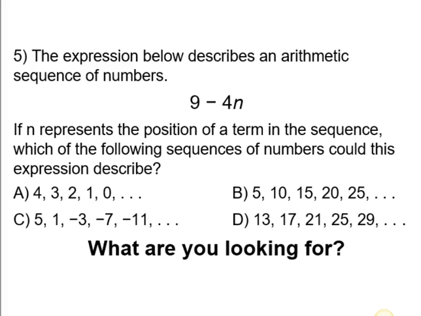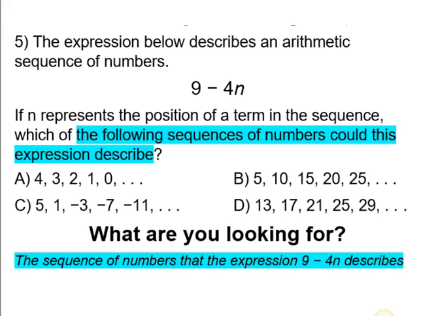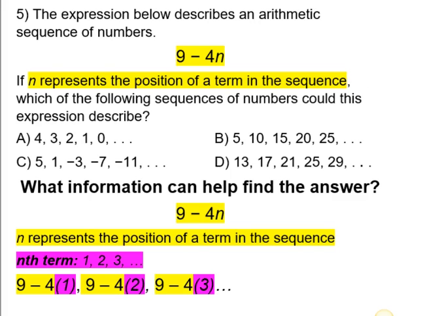What are we looking for? We are looking for the sequence of numbers that the expression 9 minus 4n describes. What information can help us find the answer? Of course, the expression 9 minus 4n is key, and also n representing the position of a term in the sequence.